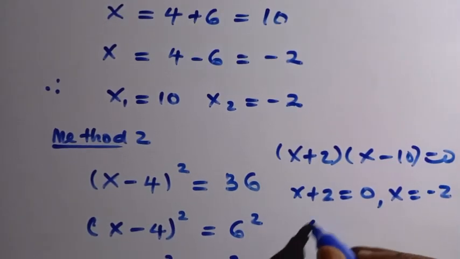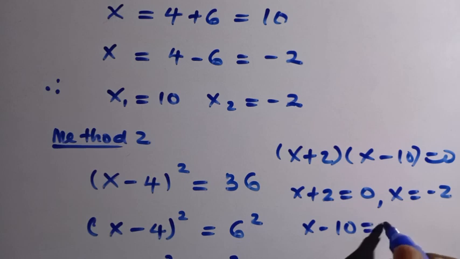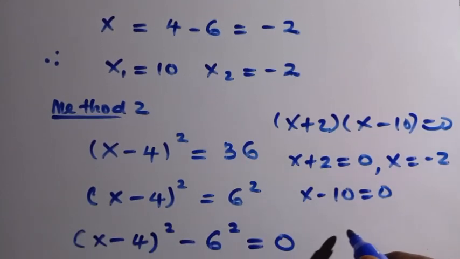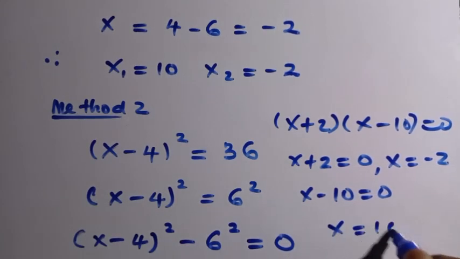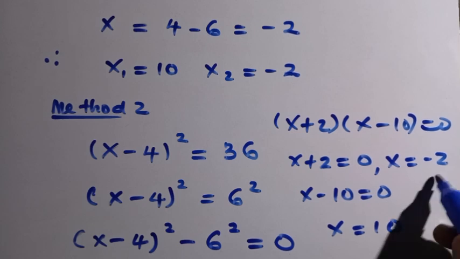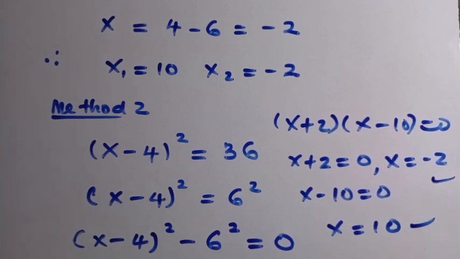And again, we have x - 10 equals 0, so this shows that x equals 10. So we have these two solutions as well: x is minus 2 and 10. Here are the two solutions that satisfy this problem.